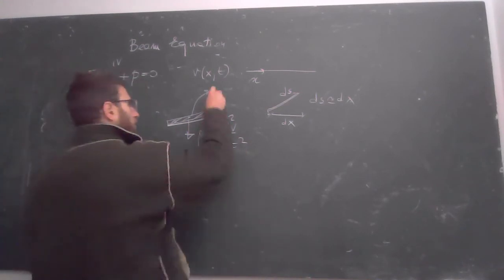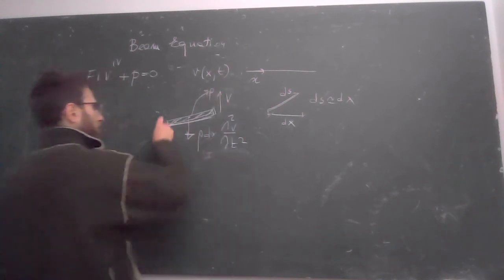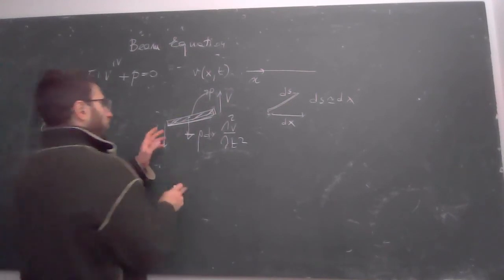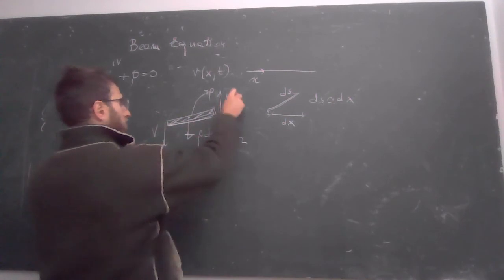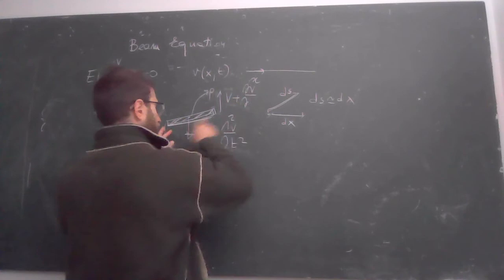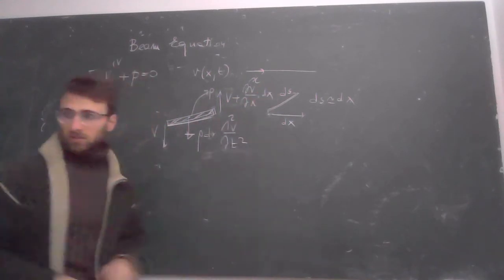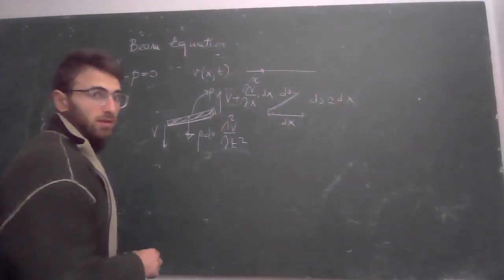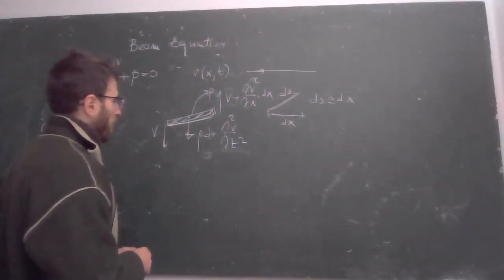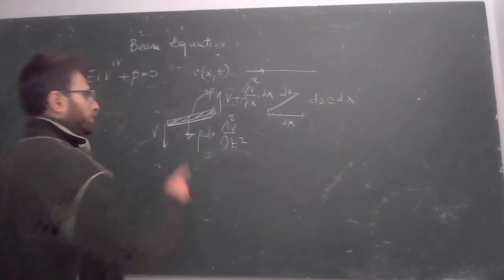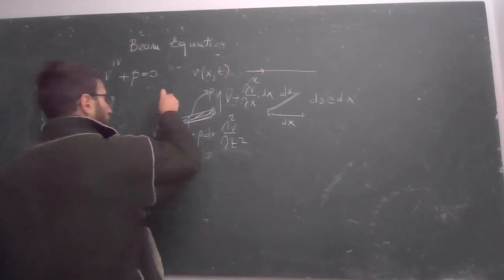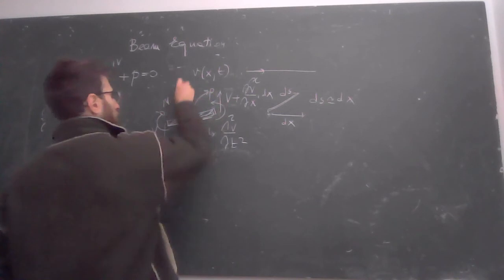Now the equilibrium, we put the shear forces V. V can change from the left to the right side, so it's V plus dV over dx times dx. If we write equilibrium, we have the bending moment M, and then M plus dM over dx times dx.